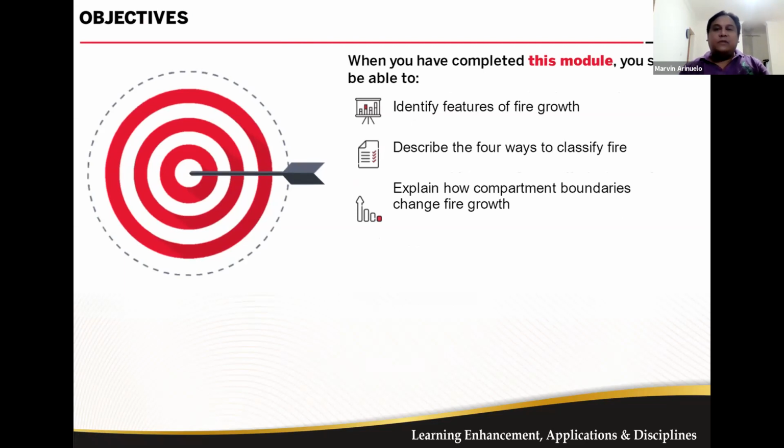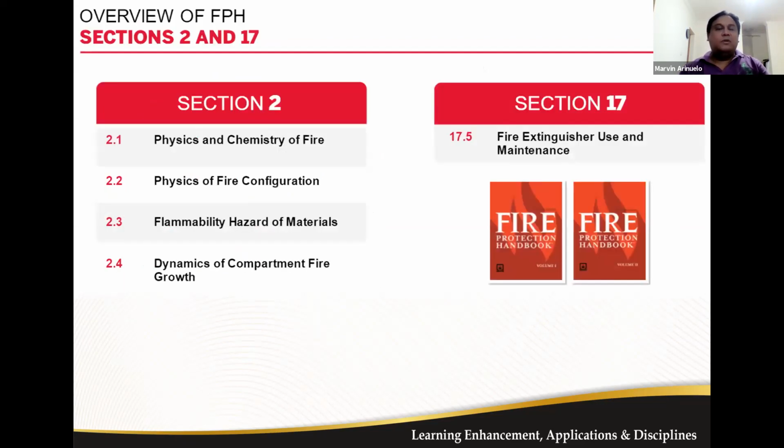Also, to identify the feature of fire growth, describe the 4 ways to classify the fire, and explain how compartment boundaries change the fire growth.